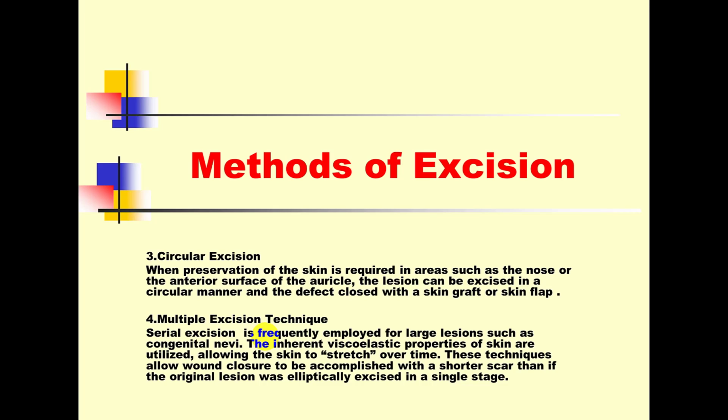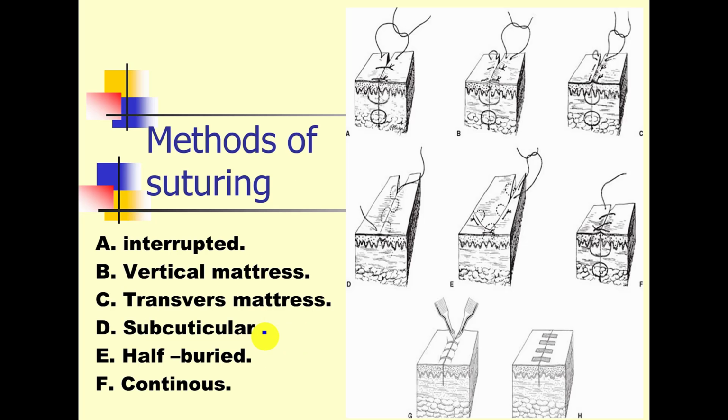I can excise 1/3 of it and reapproximate the tissue, allow for healing and tissue stretching, and after a period I will re-excise another 1/3 and another 1/3 within 2-3 sessions until I get rid of these lesions.